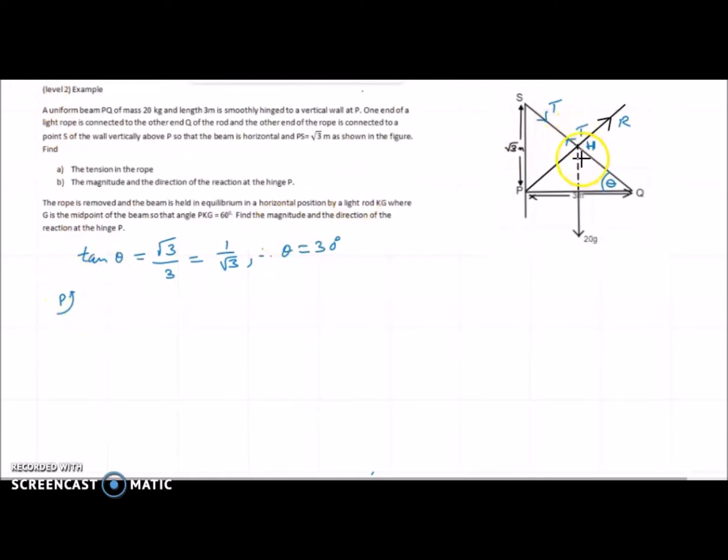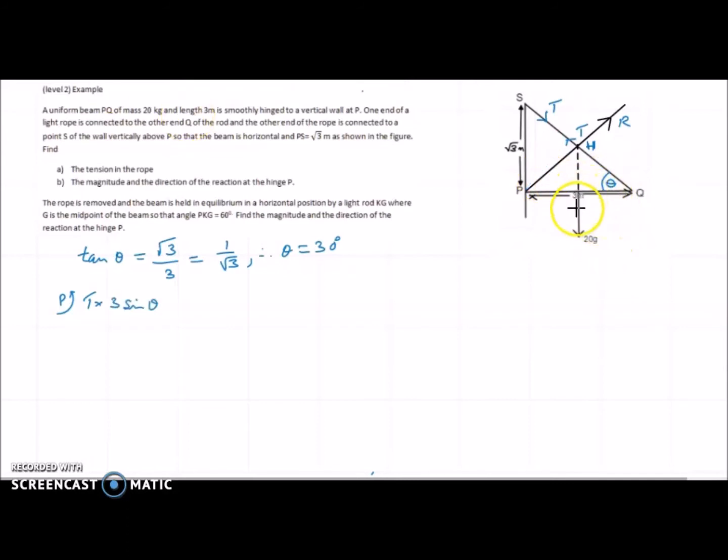Then what is the moment of T about P? The tension is in this direction. The moment of T about P is T times the perpendicular distance from P to this line. If we draw a perpendicular from P to this line, this perpendicular distance equals 3 sine theta.